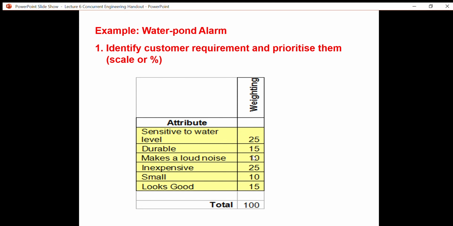So these are the most priority for this product, and we need to design and develop according to this. We need to develop a cheaper product that is sensitive to water. The others, like look good, small, durable, and loud noise, are less priority than inexpensive and sensitive. So this is a total of 100.